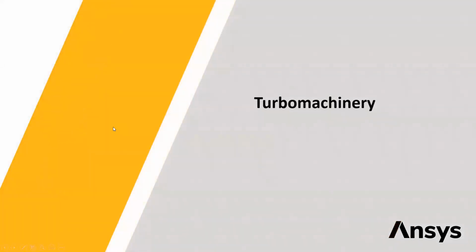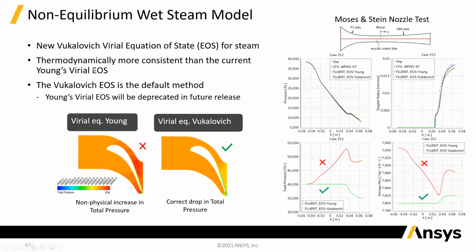On the turbomachinery front, there's been just really one major change for this release, and that is the non-equilibrium wet steam model. So this used to have an equation of state that could lead to unphysical behavior.